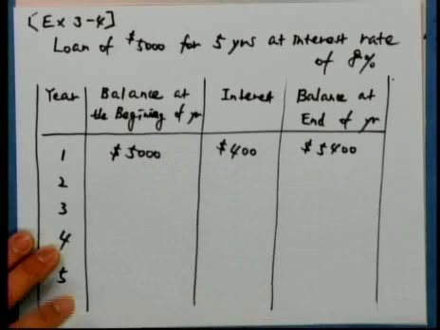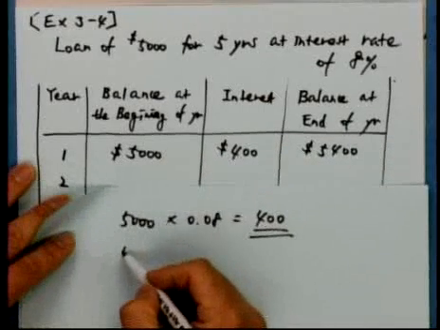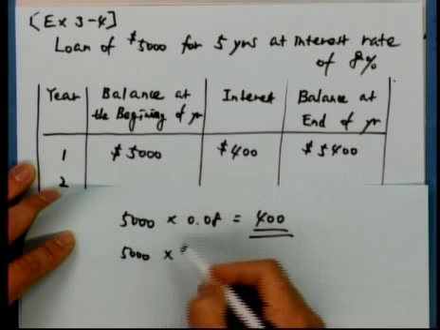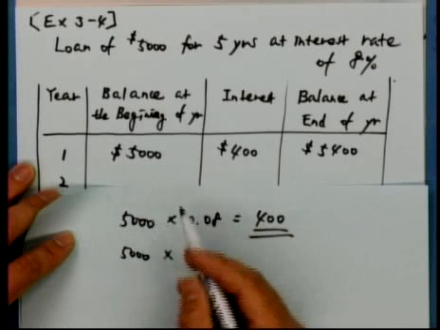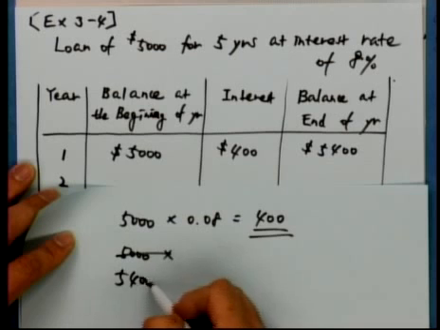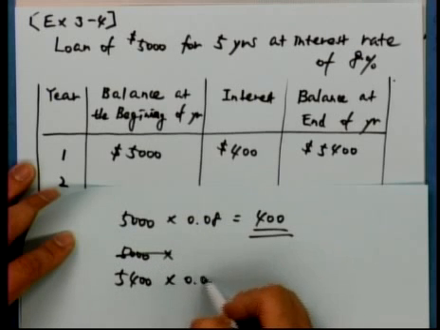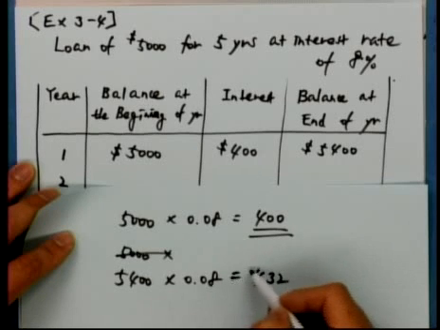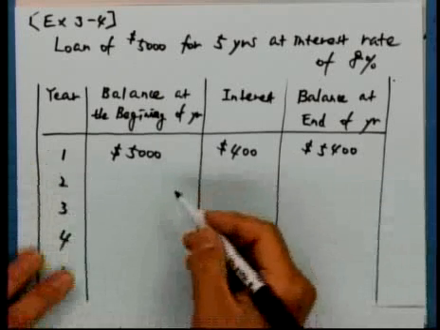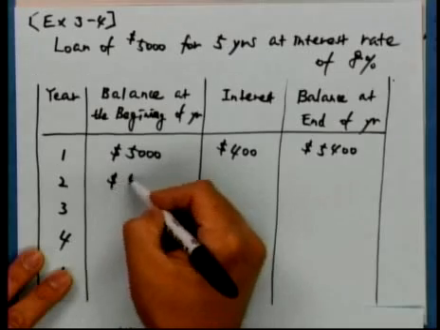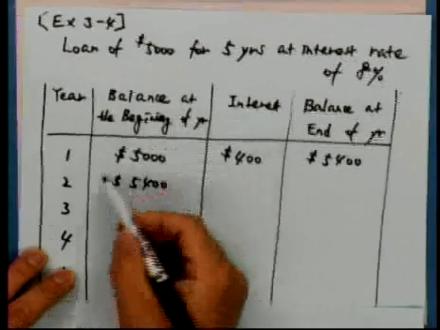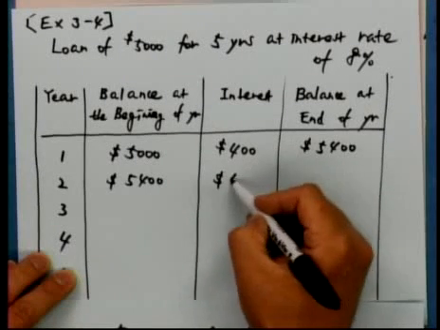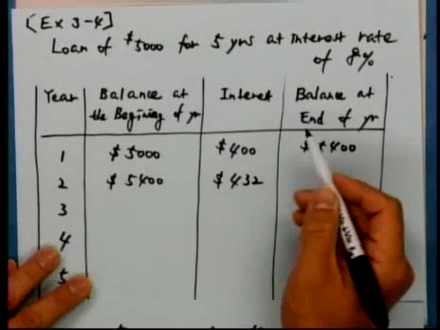So the interest at the second year would be 5,400 times 0.08, which is $432.